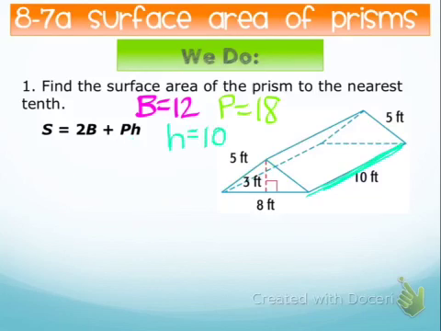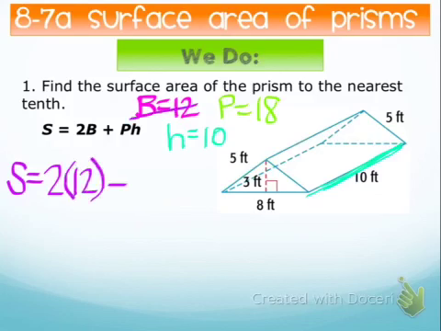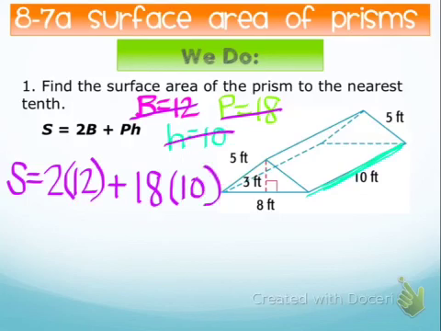And now I'm going to simply plug everything in. So I've got S equals 2 times my B, and for my B, I had 12. I'm going to plug that in there. Then I'm going to add to that my perimeter of my base, which was 18, times my height, which was 10. So now we do some simplification. 2 times 12 is 24.